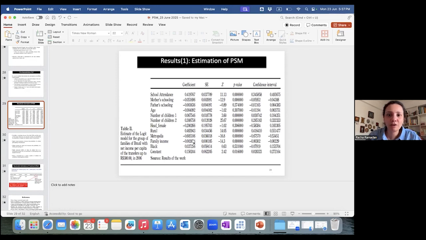Here we have a problem of endogeneity, as you mentioned, because I am poor, I am in Bolsa Familia, but because I am poor, I will also be sending my child to work. So we have a problem of endogeneity. We have a problem of selection bias. We cannot control for it, so we use PSM.